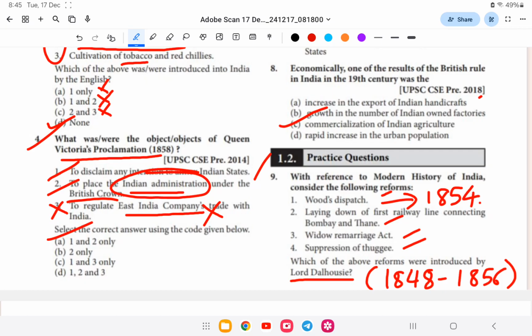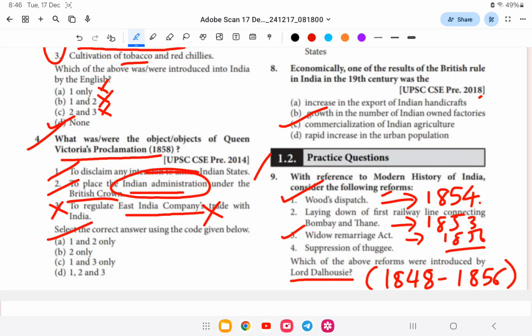So the first is correct. Laying down of the first railway line between Bombay and Thane is correct because it happened in 1853. Next, the widow remarriage act was started in 1856. Dalhousie started it, but it was implemented by Lord Canning.